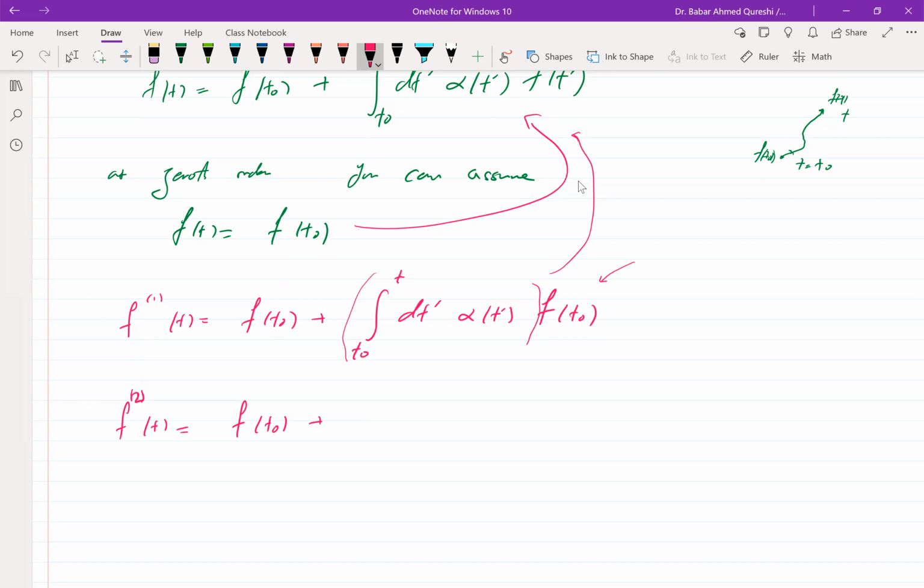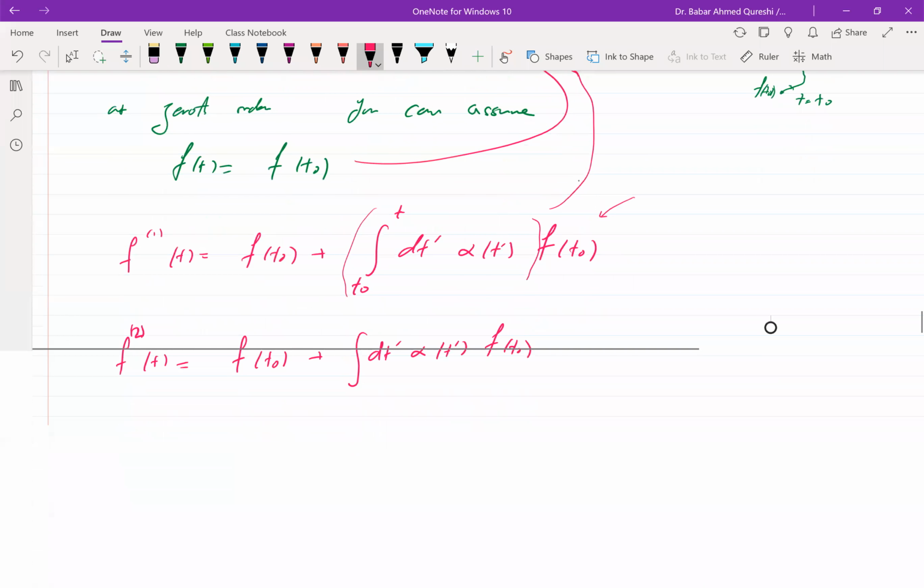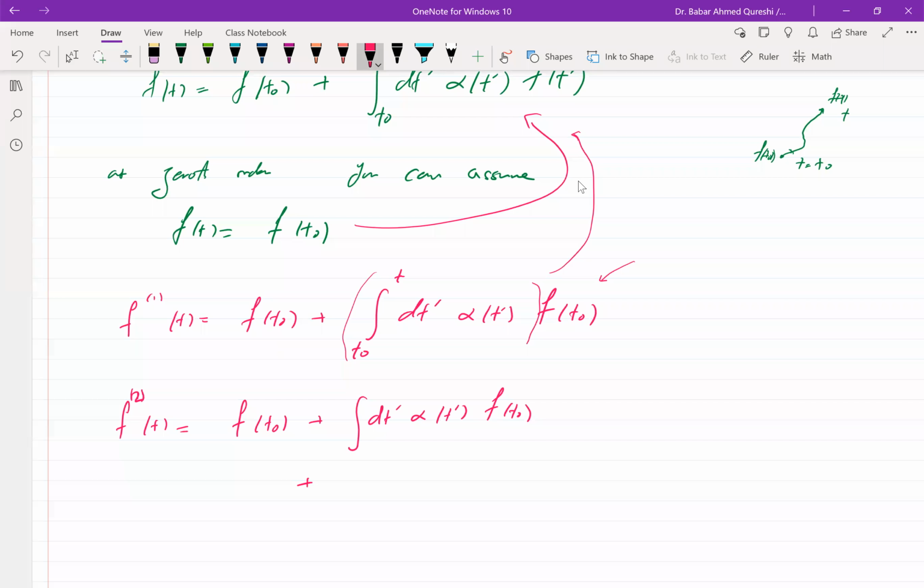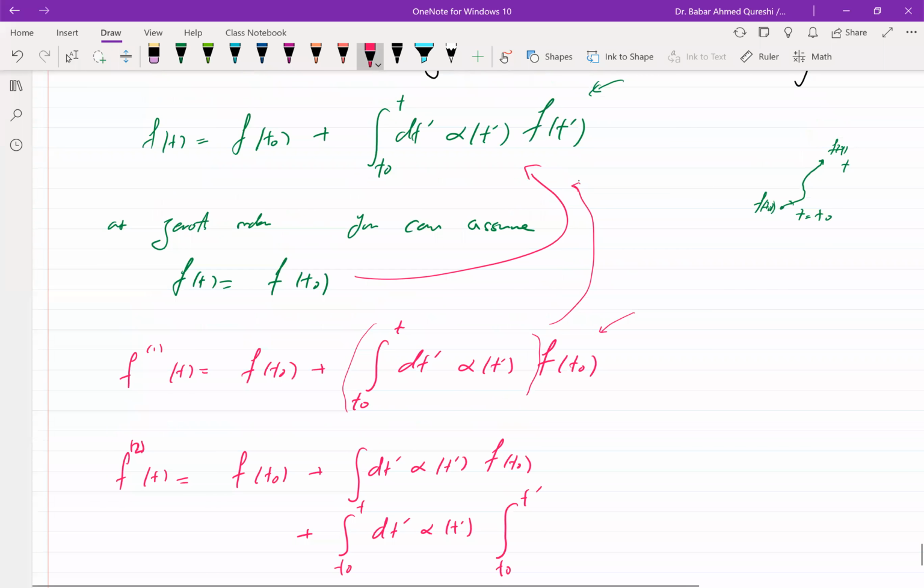So what will you get in the second order? f of t naught is just like that, but when you plug this thing into this integral once, you will just have f of t naught, just like that. But then you are also plugging in the integral term. So you will have the integral from t naught to t of dt dash alpha of t dash, and then this term, the integral from t naught to t dash, which is coming from this guy.